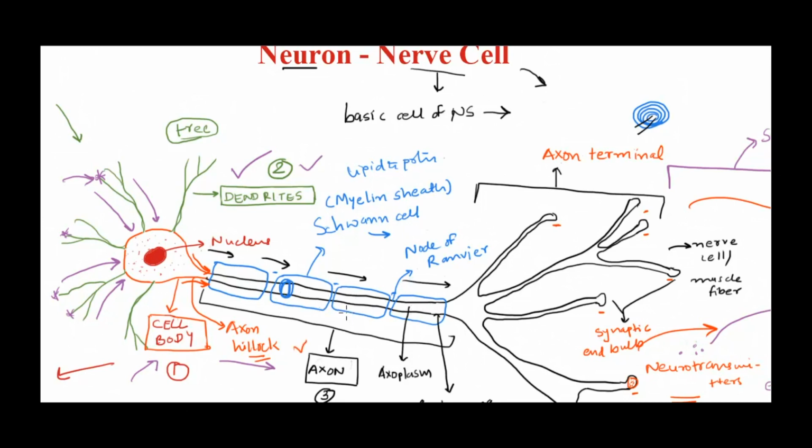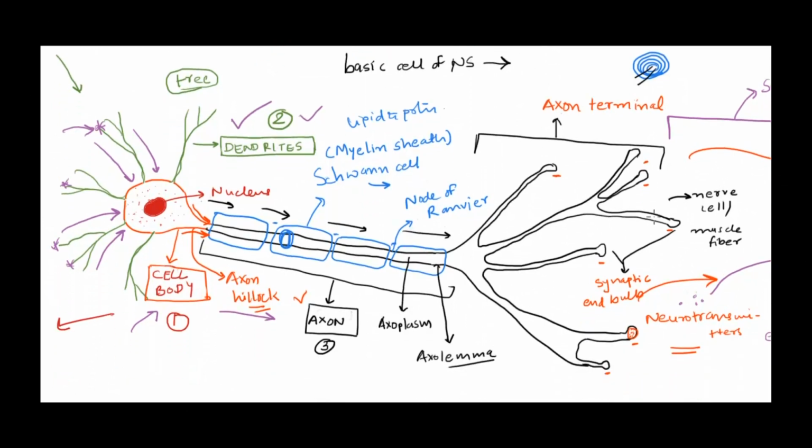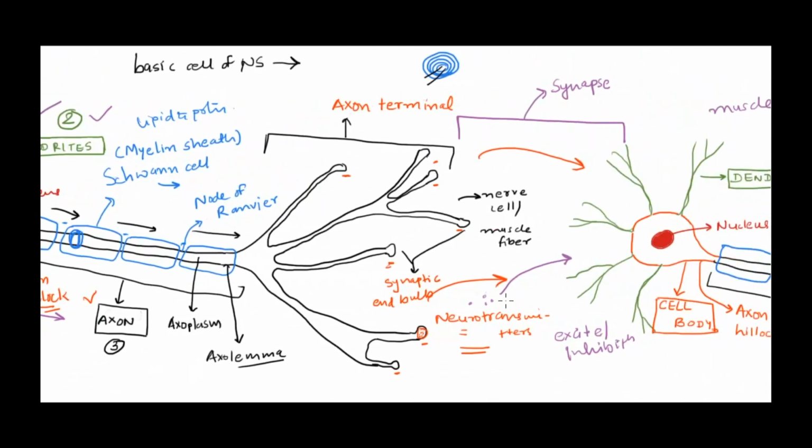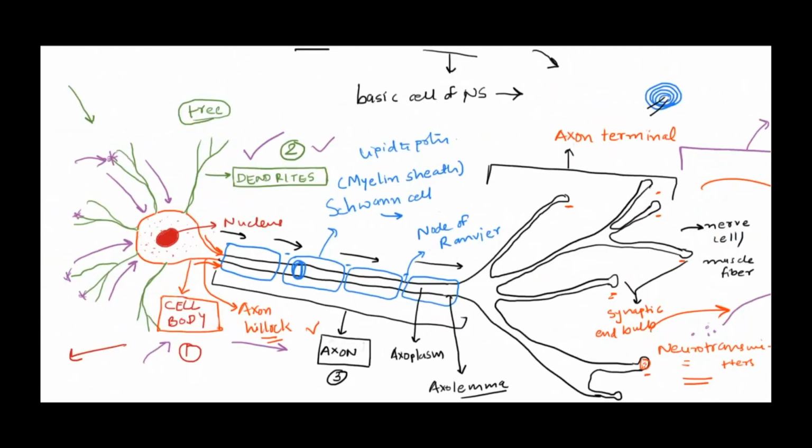This axon is insulated by myelin sheath, and the gap in between is called node of Ranvier. The end portion, the axon terminals, would have this synaptic end bulb that contains the neurotransmitters, which would release the chemical, and that would be given to maybe the next nerve cell or a muscle cell, say for example.